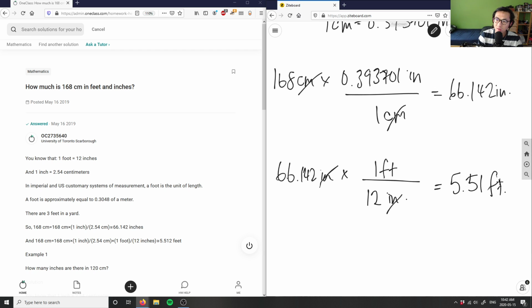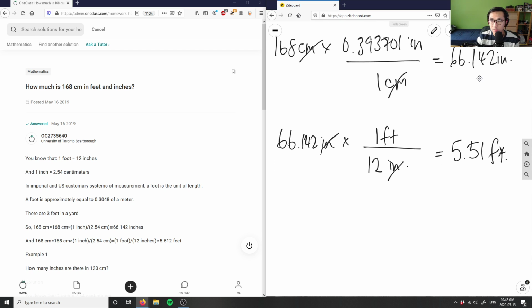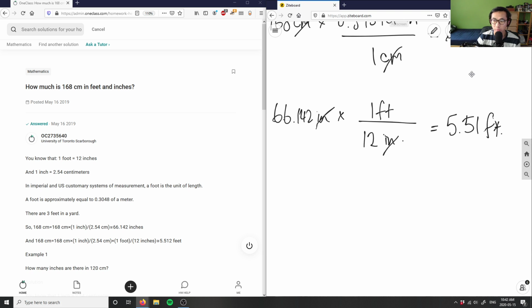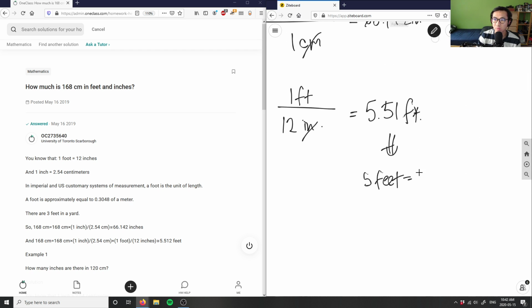5.51 feet. In this case, I'm going to round down, and the reason I'm rounding down is that I want feet and inches here. So I'm going to round down to 5 feet, which is 5 times 12 inches, which is 60 inches, right?